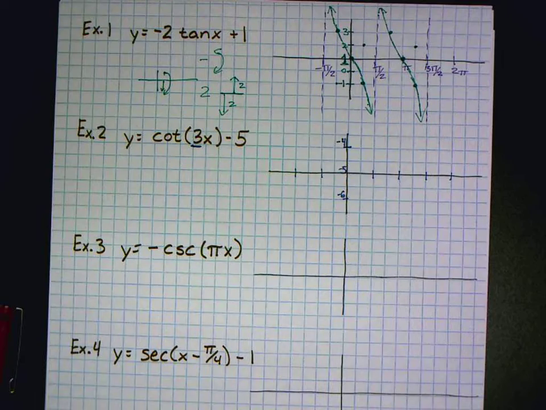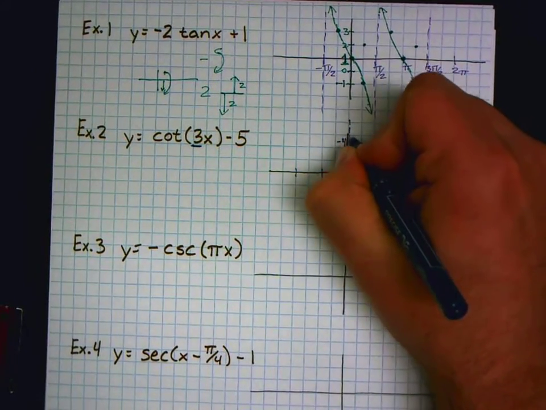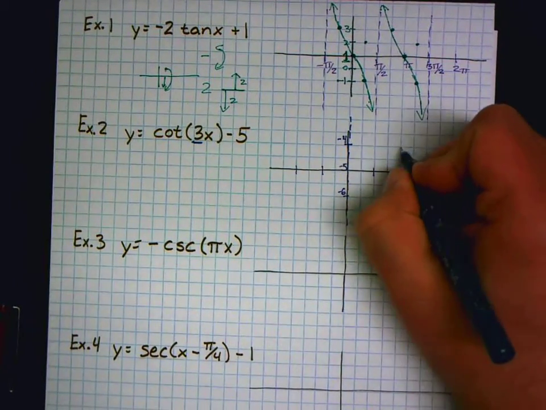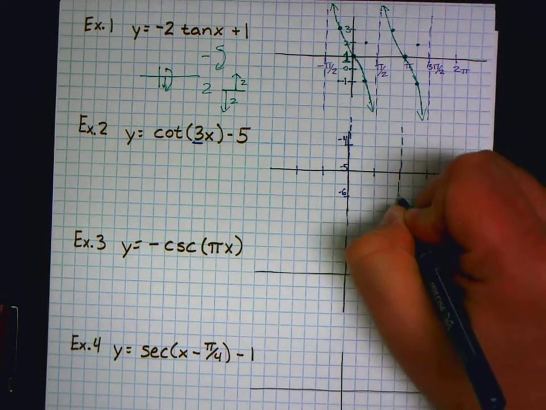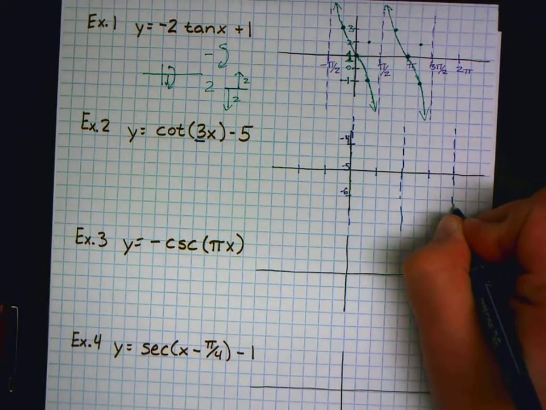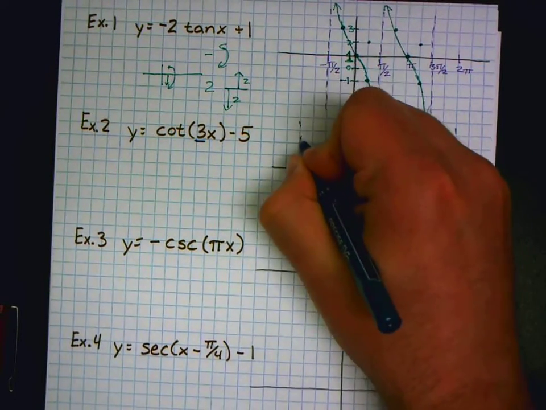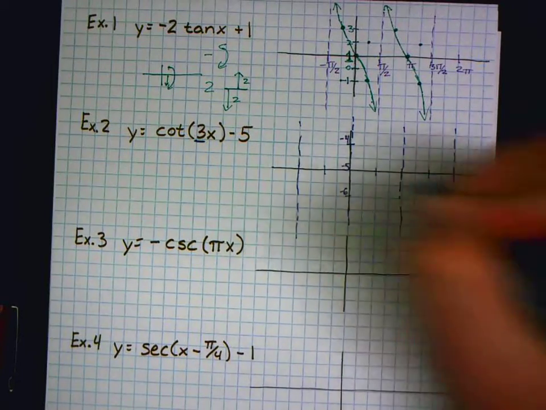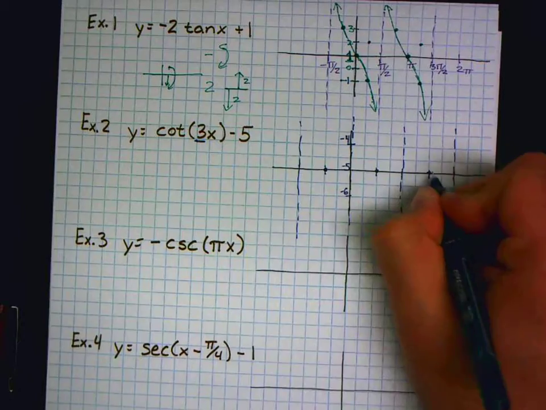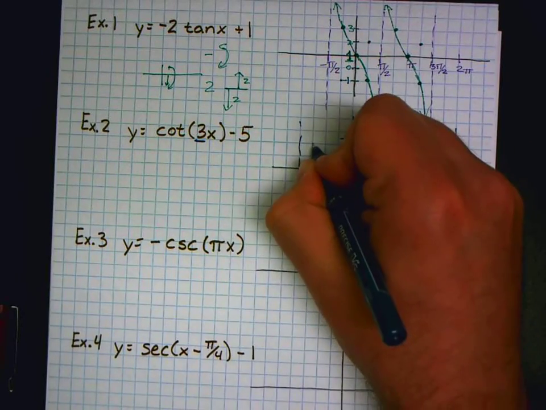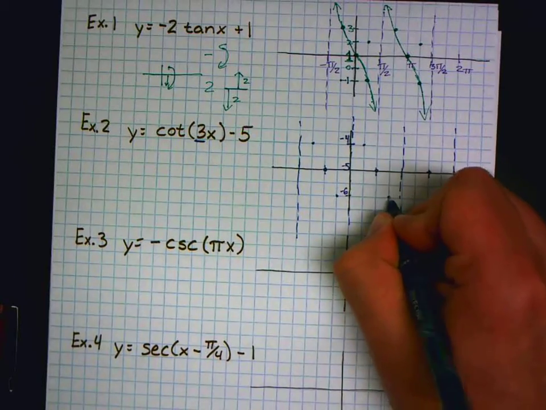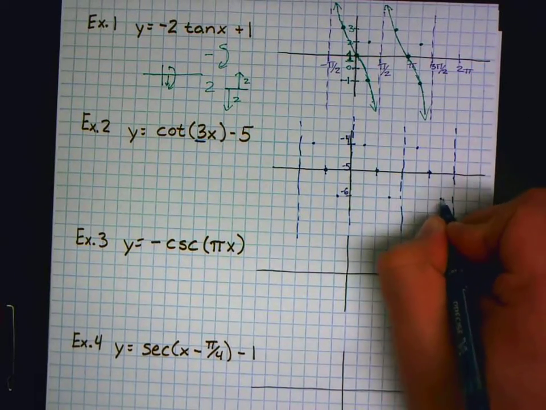So since it's not shifting, I know with cotangent that my asymptotes go right here and right here and here, that these points are zeros, and that cotangent goes downwards.